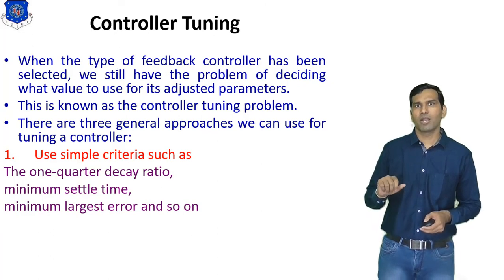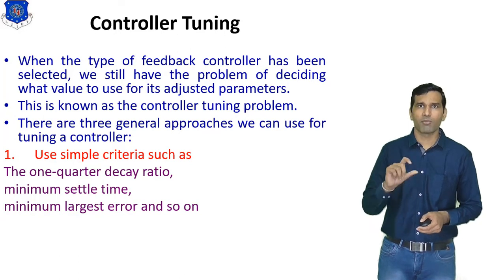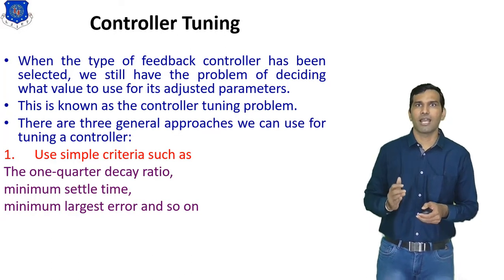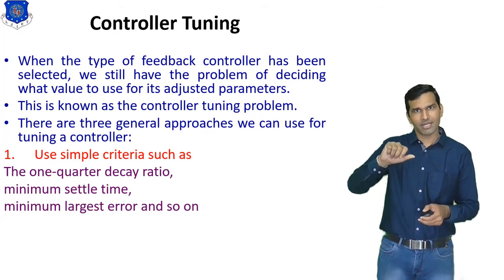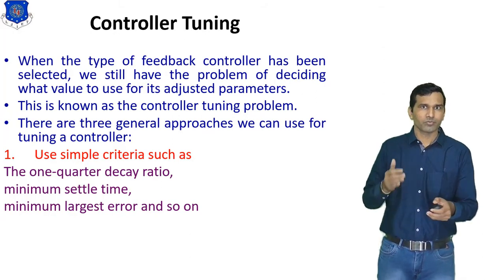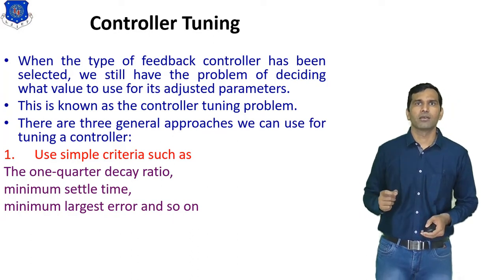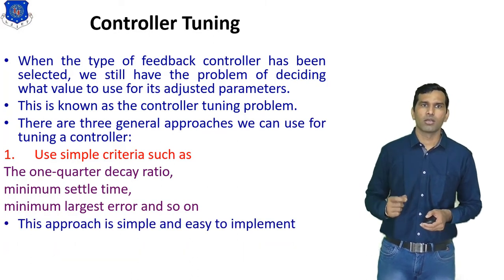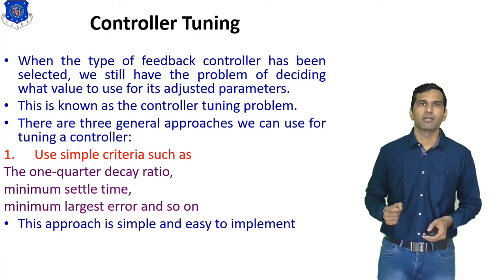That means we discussed the simple performance criteria, in which we discussed rise time and settling time. By adjusting the rise time and settling time, we can tune the controller. This approach is simple and easy to implement.